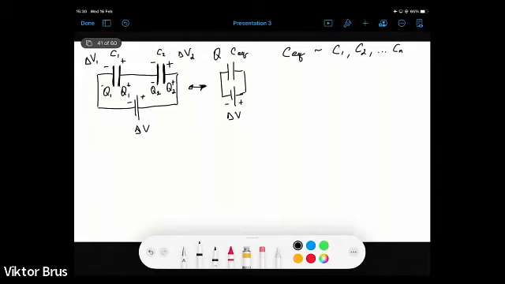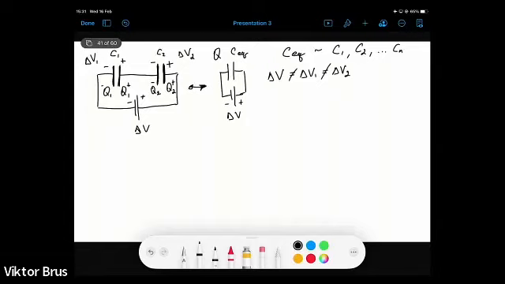In this case, we cannot write that delta V is equal to delta V1 is equal to delta V2. That is not true because we don't have a parallel connection.